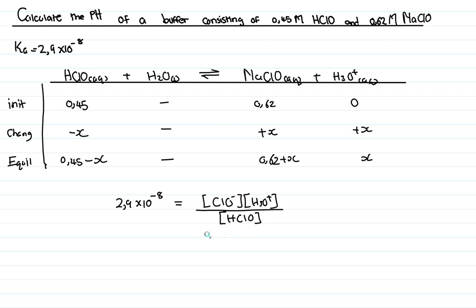So now I can input everything that I have into this equation. So now I have 2.9 multiplied by 10 to the power of -8 is equal to the concentration of that guy, which is 0.62 plus x, and the concentration of hydronium ion, x, and then divided by the concentration of my weak acid, which is 0.45 minus x.